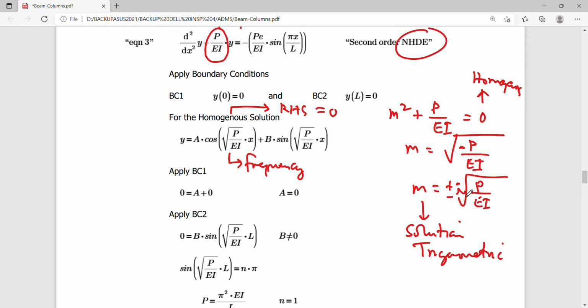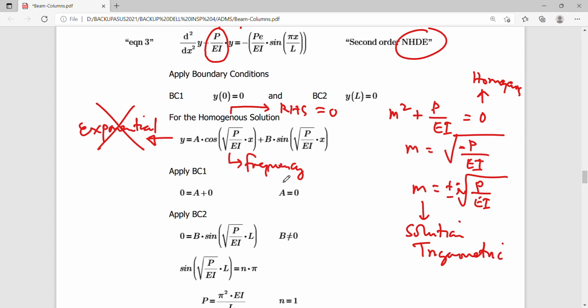If this is not an imaginary root, it's a hyperbolic solution. But both can be solved using an exponential solution, but we do not use this. We use the trigonometric as our solution.